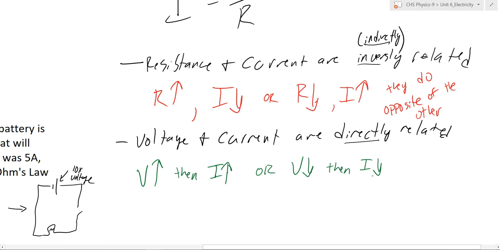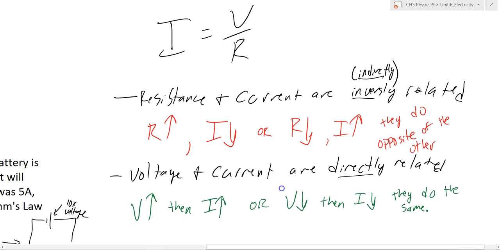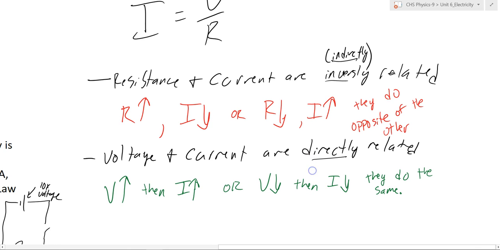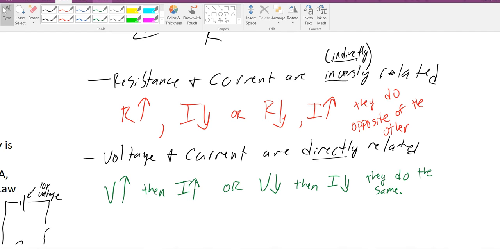The nice thing about this equation is that there's not a 1/2 in there, or a squared, or anything like that. The variables are just as they are. So whatever the one does, the other does the same or opposite by that amount.